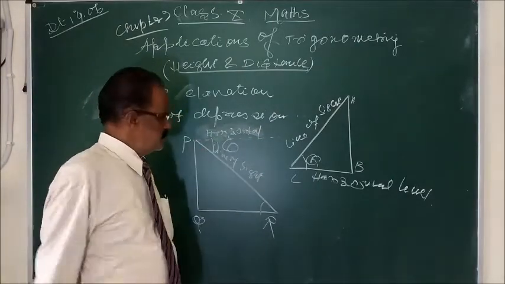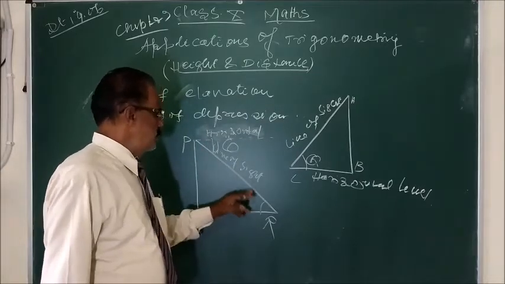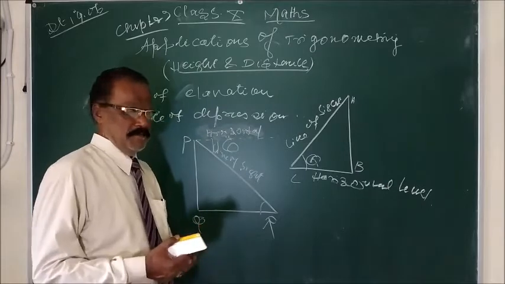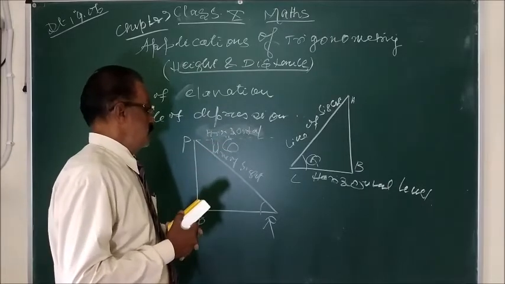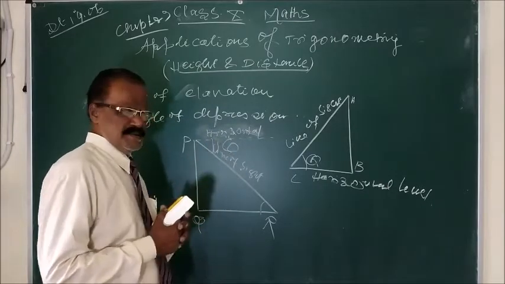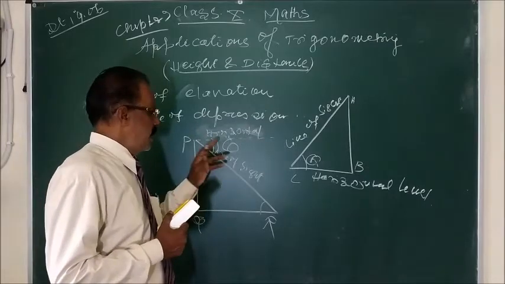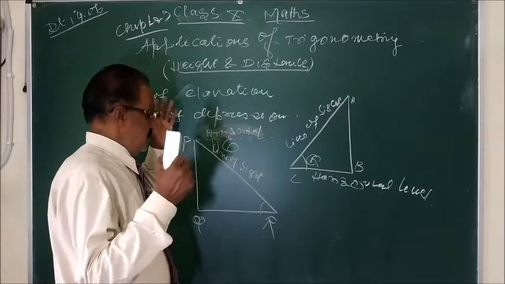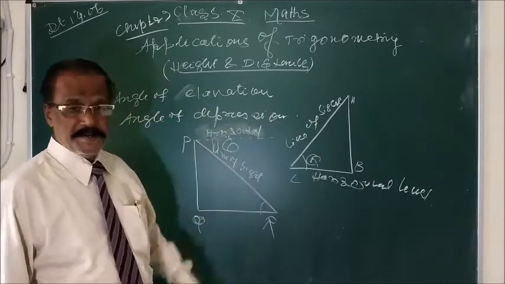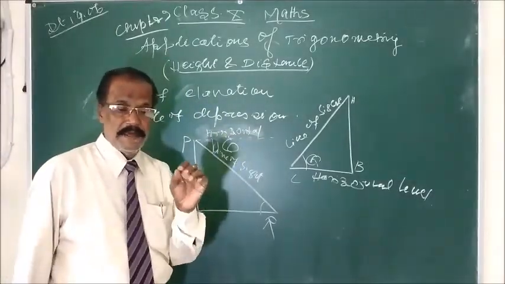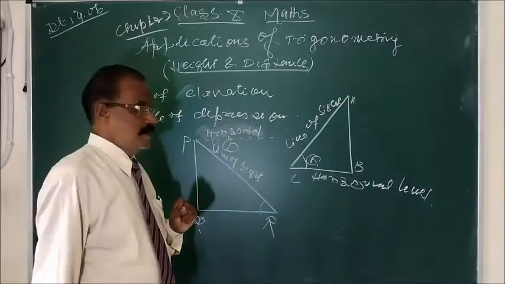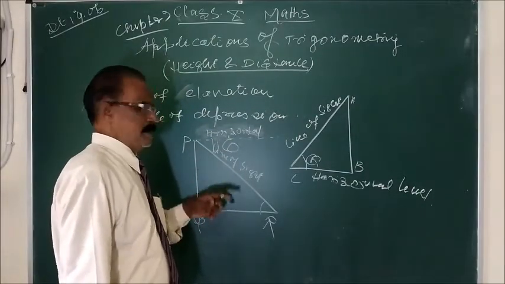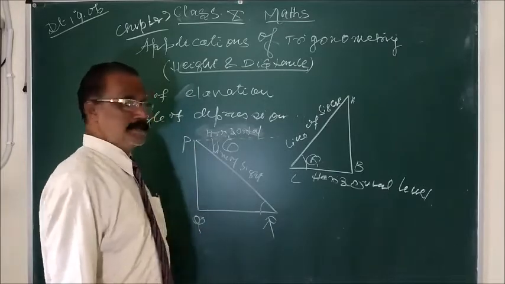Now the question is, sir, how can we find this angle? For your knowledge, I give you the device. The device is the theodolite, which is fixed on a rotating telescope to find the angle, and by using calculation we can find the height of the object.